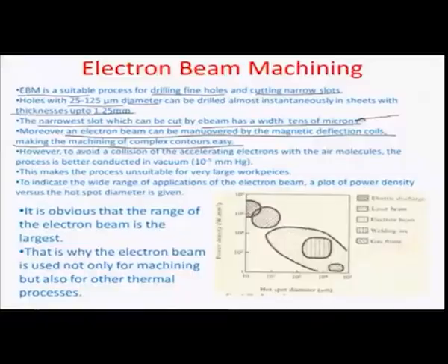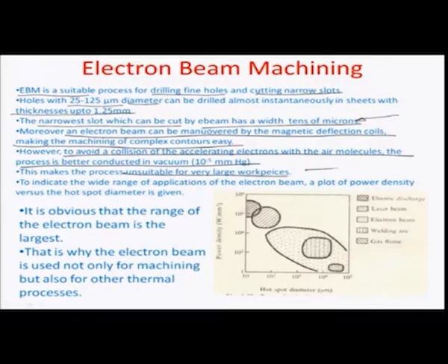Okay, I mean probably 10 to the power of -6 or -7 torr pressure, where a minimum amount of air is permissible. So, typically you do these in vacuum columns, which limits the size, and the process becomes unsuitable for large work pieces.